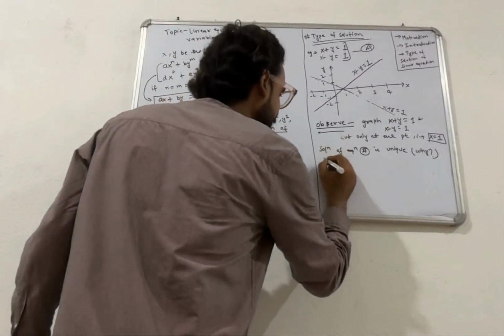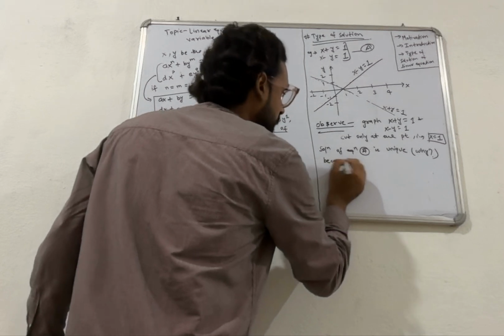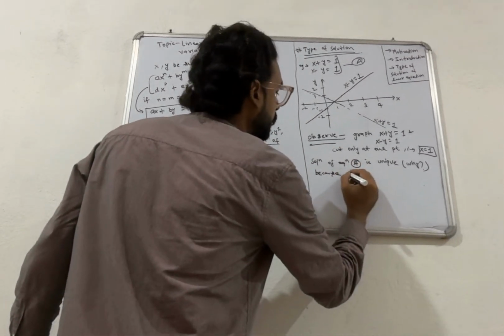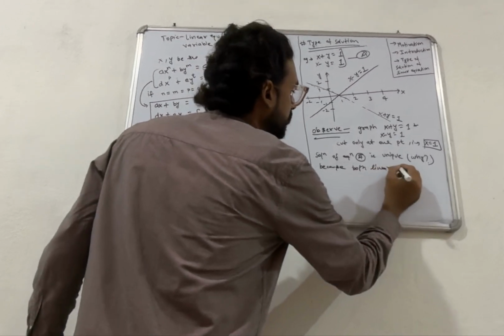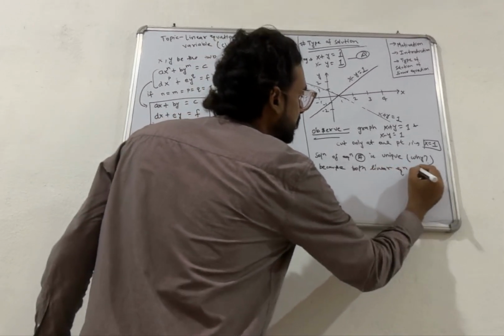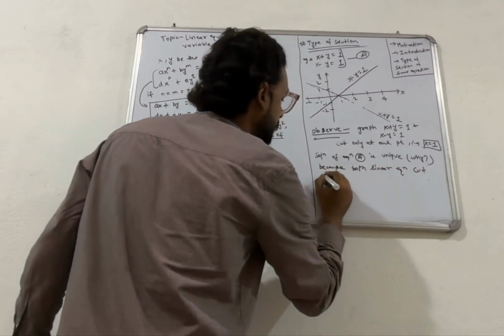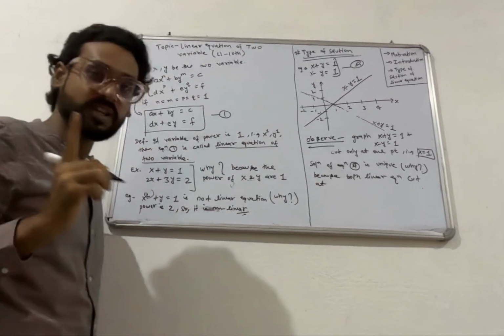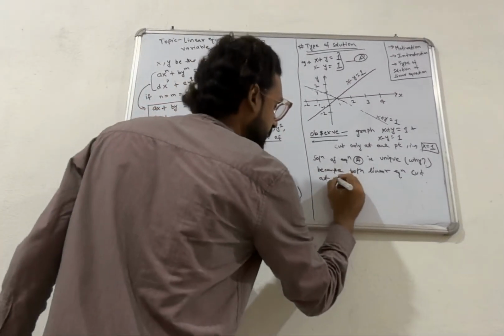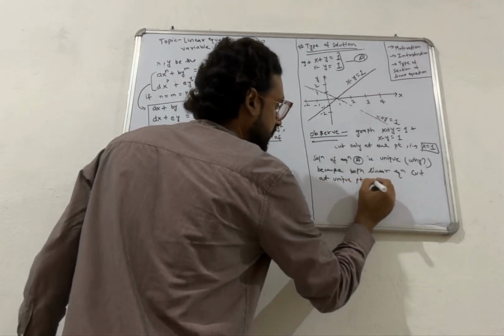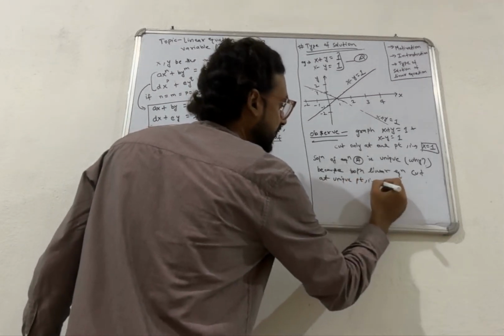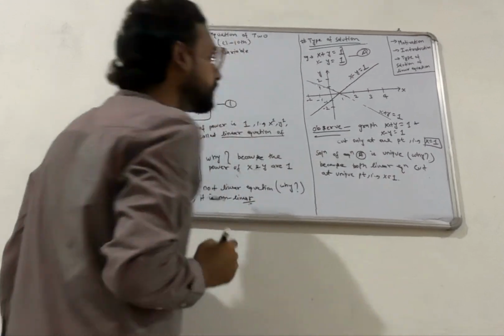The simple answer is because both linear equations cut at a unique point, that is x is equal to 1.